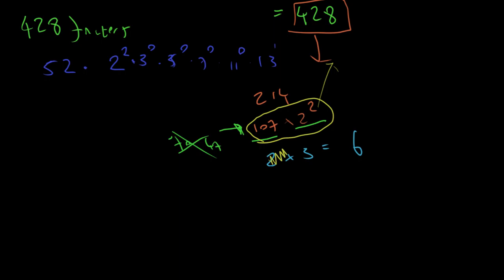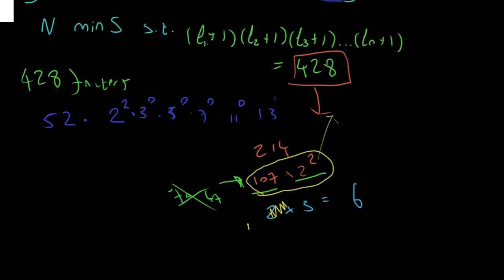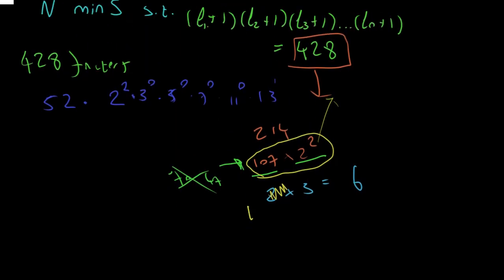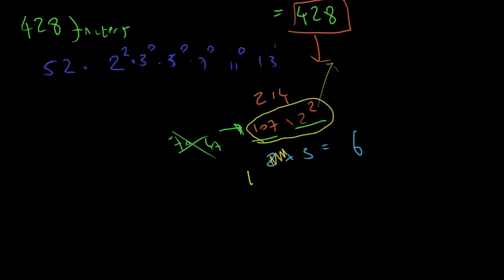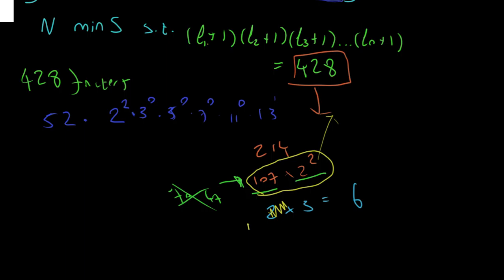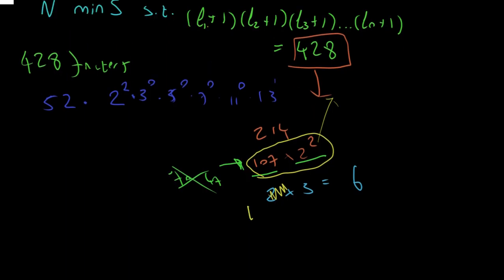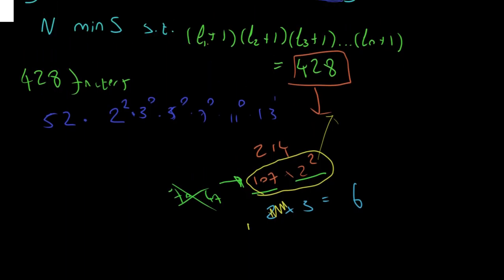I mean, we have to have that somewhere. So one of the L plus ones will have to be 107, which means that one of the L's will have to be 106. It has to do that.